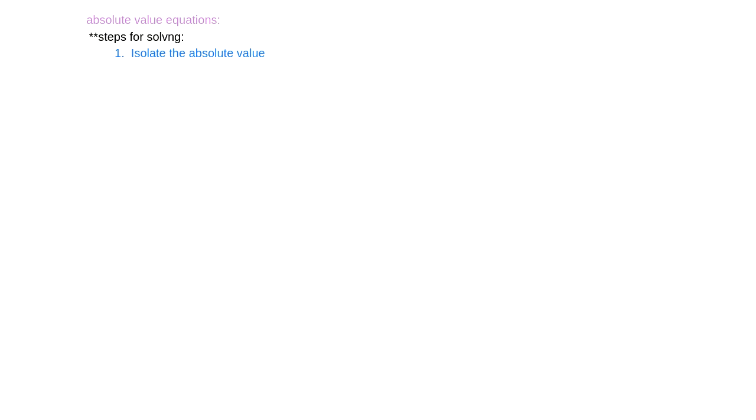Once it's isolated, we are going to create two equations using the expression and the number on the other side. Now, the equations are going to look very similar, but have one major difference.